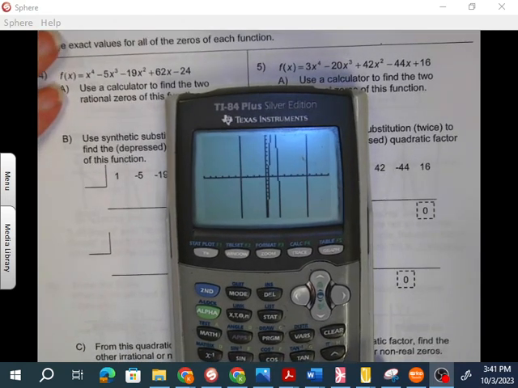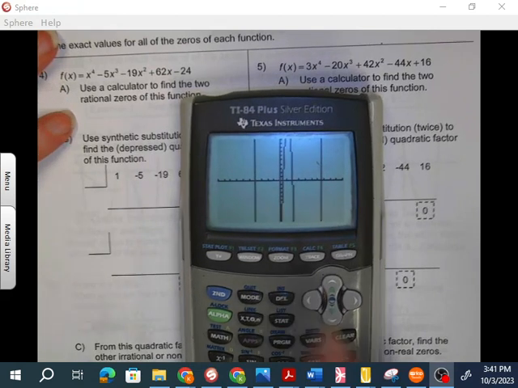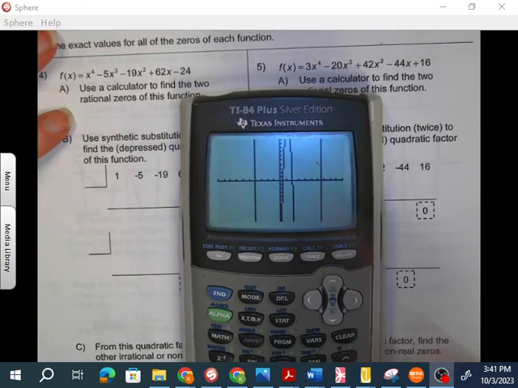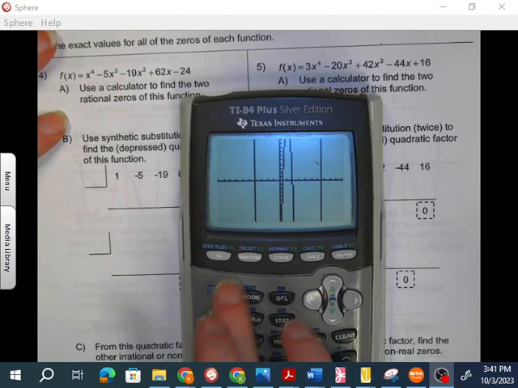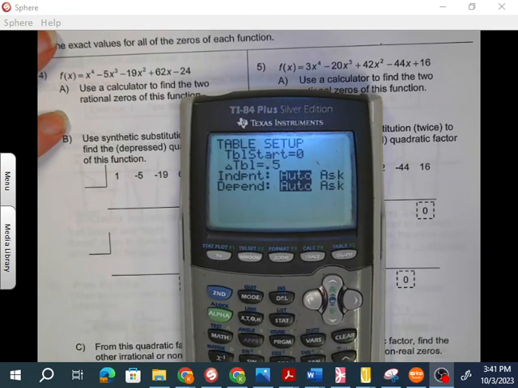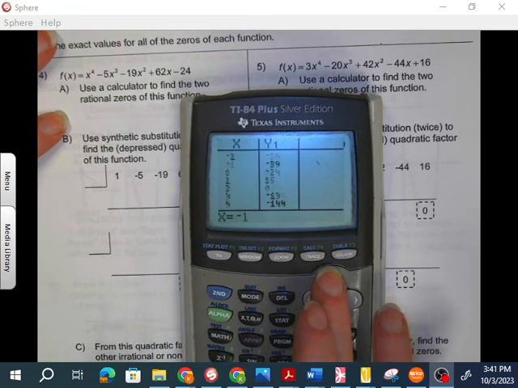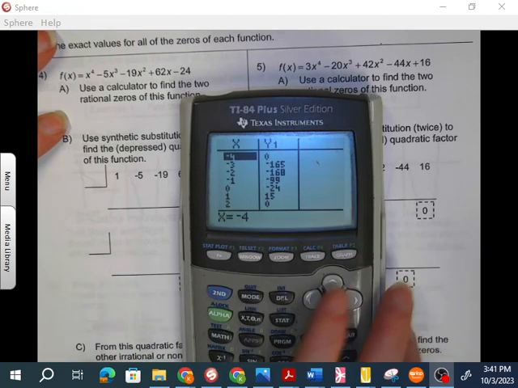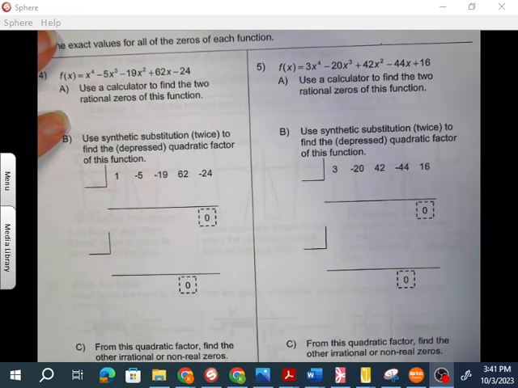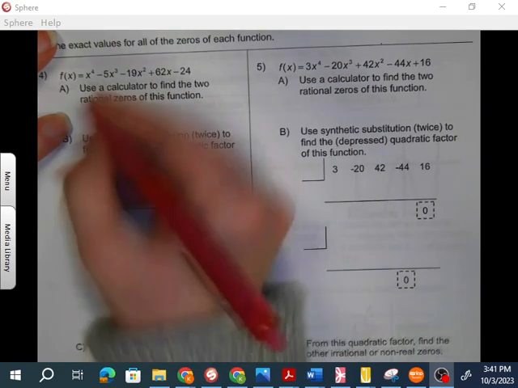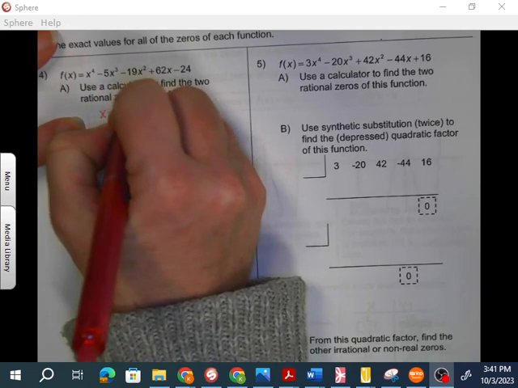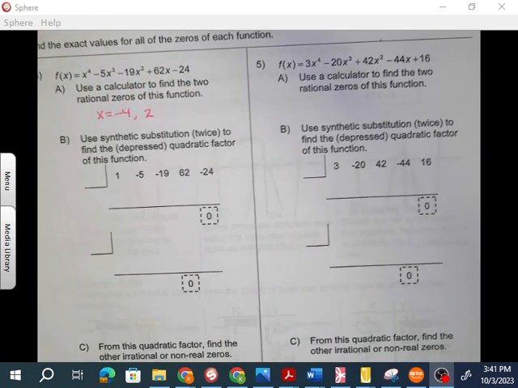Okay, so I see 1, 2, 3, looks like -4. -4 is one of them, and 2 is the other. So x equals -4 and 2. Those are the 2 rational ones.